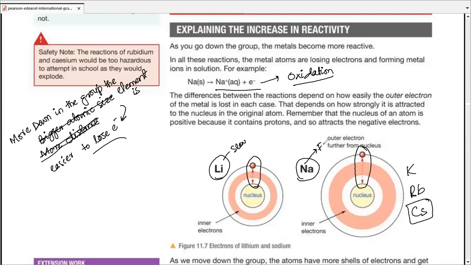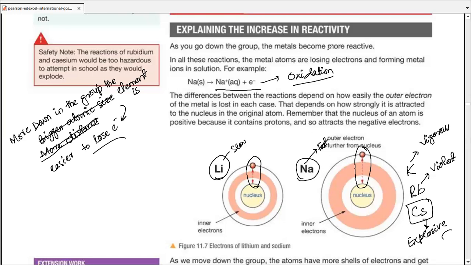It was fast in case of sodium. In potassium, the reaction got vigorous. In rubidium, the reaction got violent. And finally, in cesium, it got explosive. Hence, using these terms, we can easily explain the chemistry behind it.